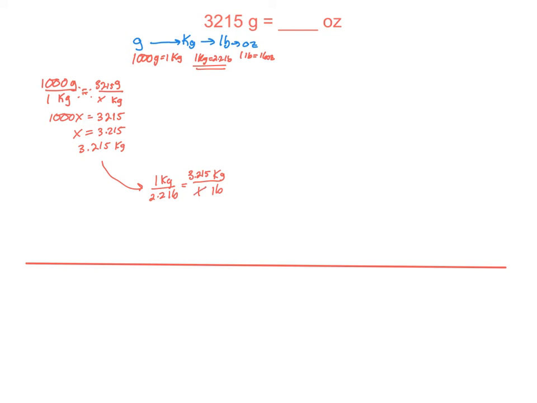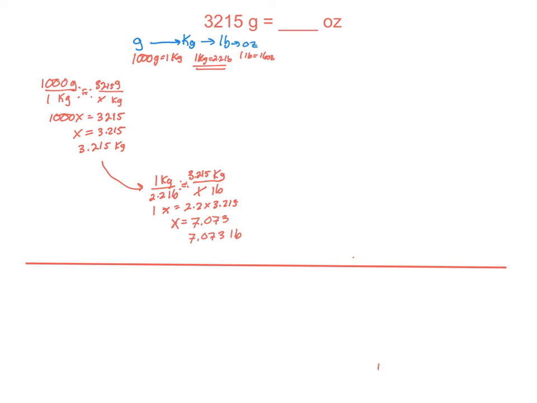I don't know the number of pounds that this is. So I'll cross multiply. All I need to do, if I multiply 2.2 times 3.215, find that product, I'm going to find the number of pounds. I got 7.073. So this number of kilograms, which we knew as an original number of grams, is equivalent to 7.073.